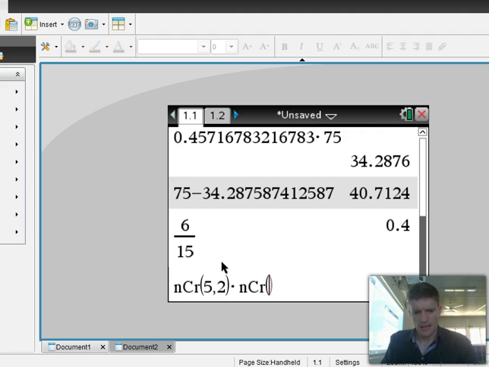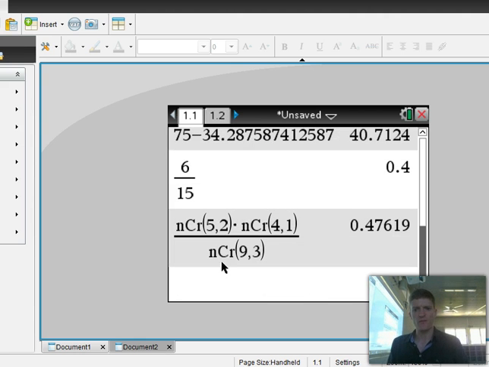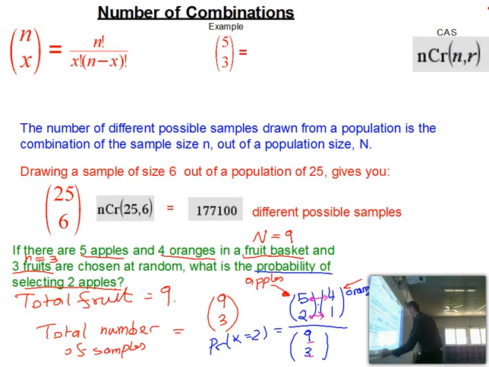Now we've got 4 oranges, and we're interested in, we'll always get 1. And then we have to divide by our total. So we've got a total of 9 fruit altogether, and we're selecting 3 out of them. And this is going to give us our probability. It's about 47 or 48%. There it is.